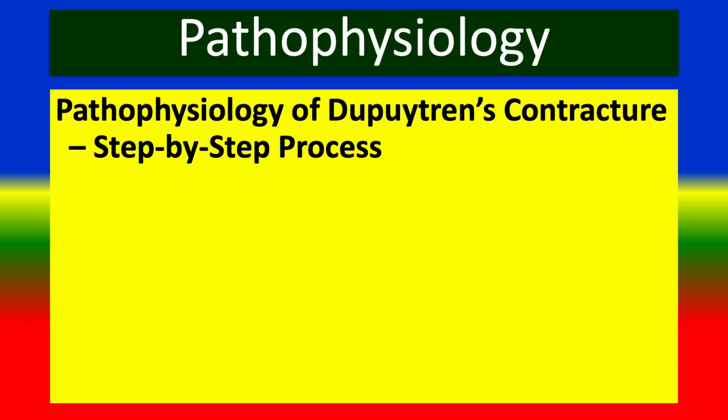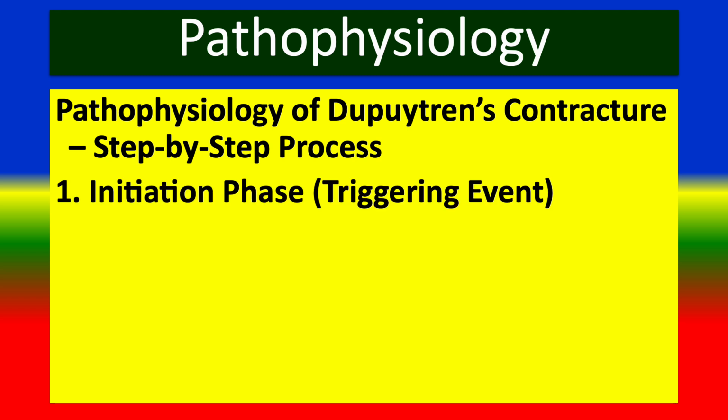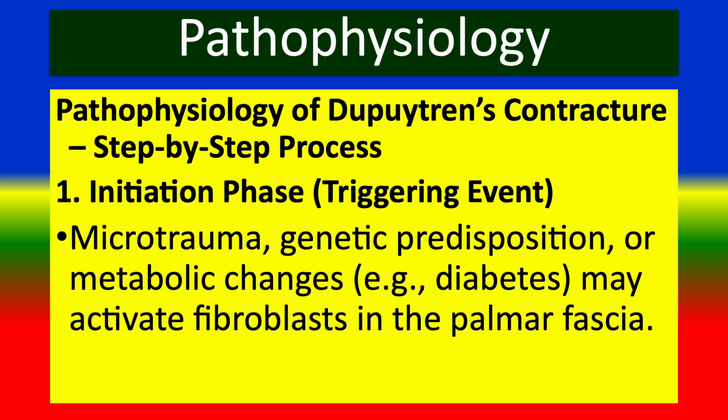Pathophysiology of Dupuytren's contracture, step by step. 1. Initiation phase, triggering event: microtrauma, genetic predisposition or metabolic changes, for example diabetes, may activate fibroblasts in the palmar fascia.